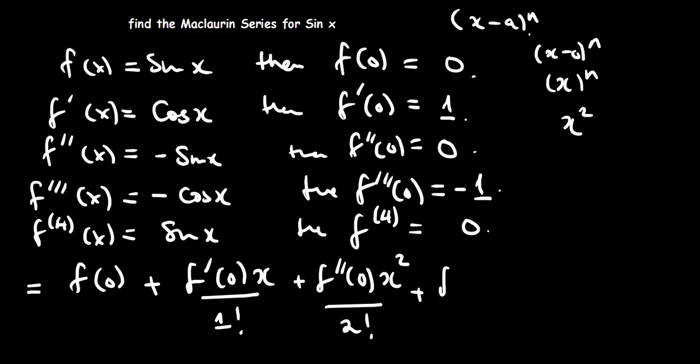We can go f triple prime of 0, that will be x cubed over 3 factorial, plus, and this continues all the way on.